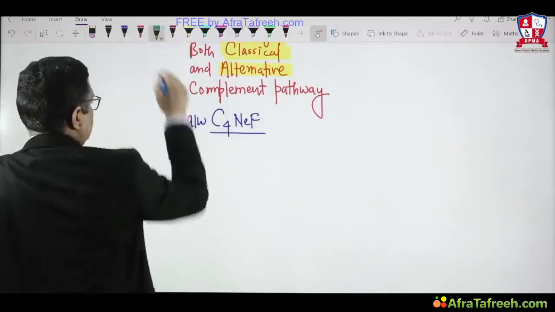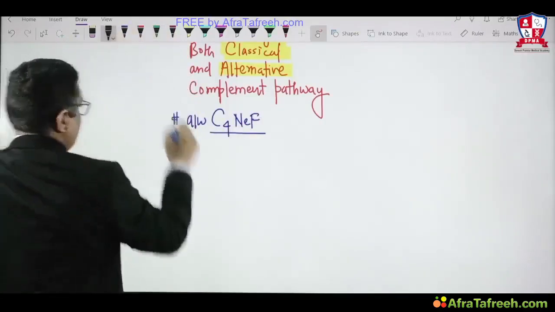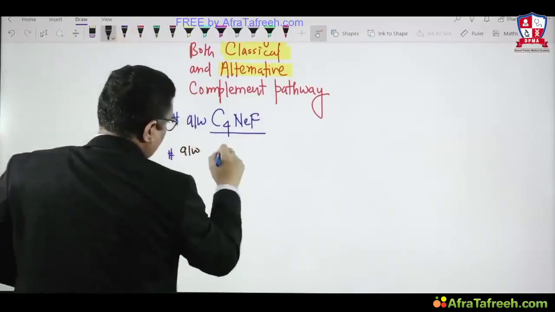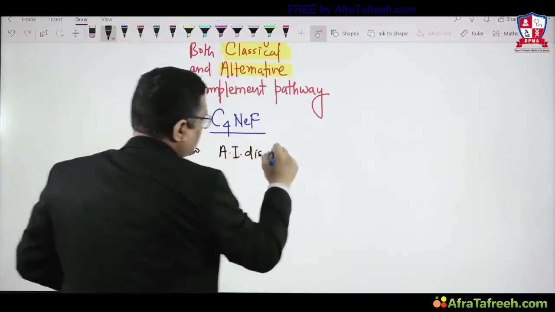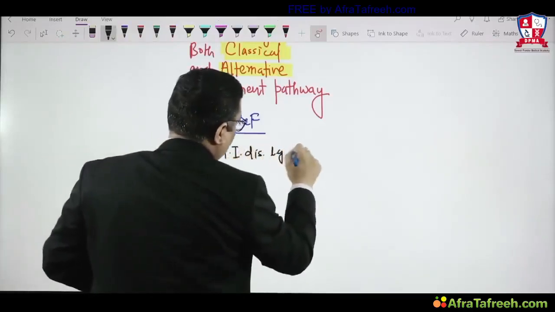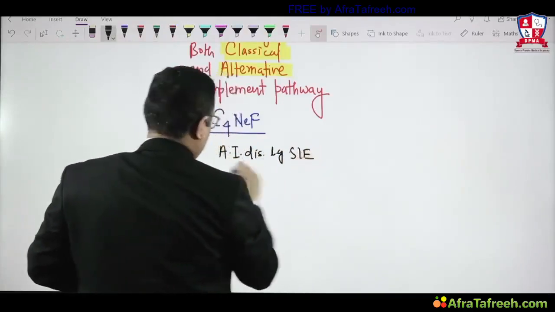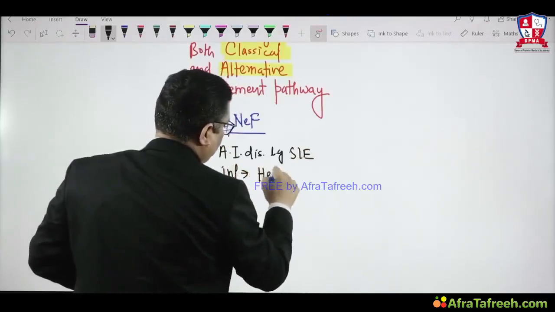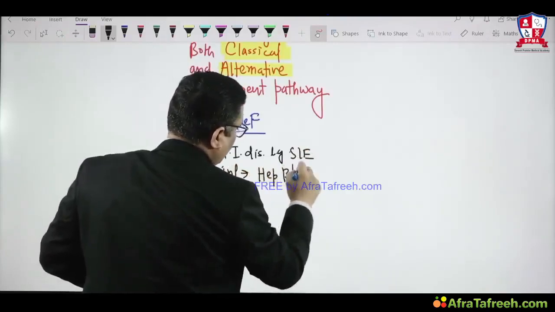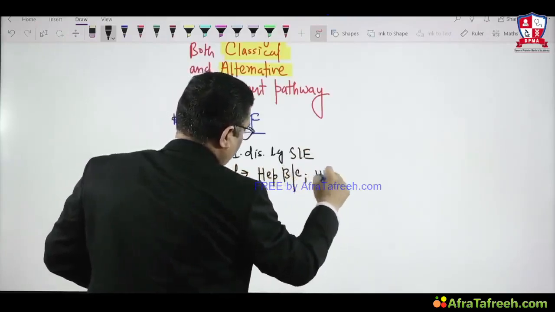What are the associations of type 1? They are associated with autoimmune disorders like SLE. They are associated with infections like hepatitis B, hepatitis C or HIV.